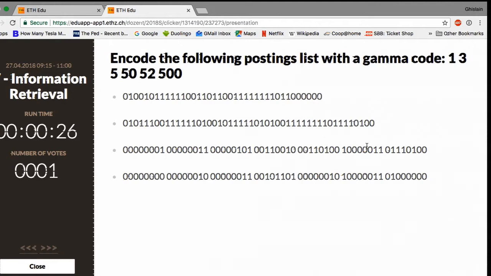Notice that I'm saying postings list. A posting is a pair of term and document, but as I told you, the term is implicitly at the start of the line, so we don't repeat it. So 1, 3, 5, 50, 52, 500. Of course, it's a multiple choice, so you don't have to actually encode it completely, but you can probably deduce the answer.